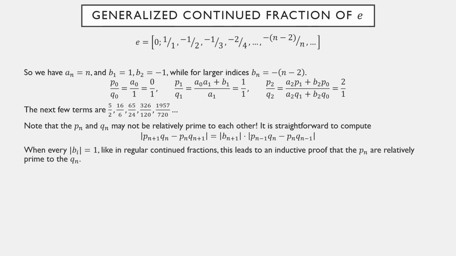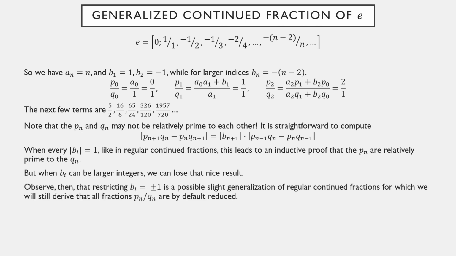If all of the b's were in absolute value 1, then just as in regular continued fractions, you'd get a nice inductive proof that the Pn's are always relatively prime to the Qn's. But when the bi's can be larger integers, you lose this result. And if you in fact work with weirder generalized continued fractions where you're allowed arbitrary real numbers, then this doesn't even make a lot of sense anyway.